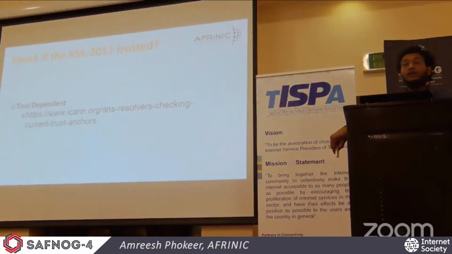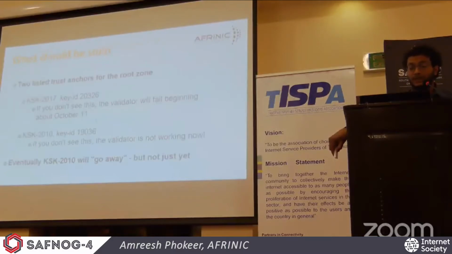So how do you know if your DNSSEC resolver has actually trusted the new KSK? This is also tool dependent, whether using BIND, Knot DNS, PowerDNS, or Unbound. Have a look at this URL. It gives you information about how to check different implementations, how to check if you have the new KSK.